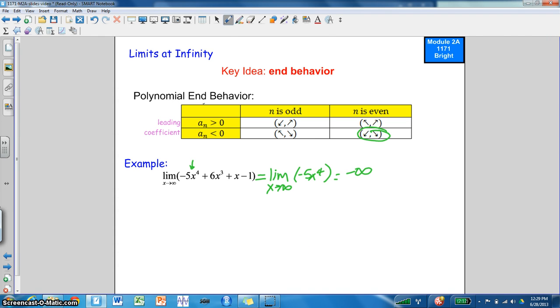Now I'm going to put my note in red here. Going from here to here, this is not saying that the polynomials are equal.